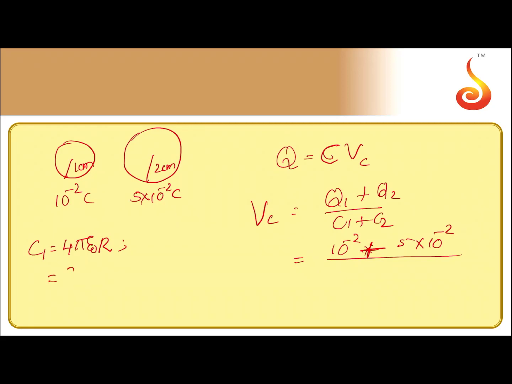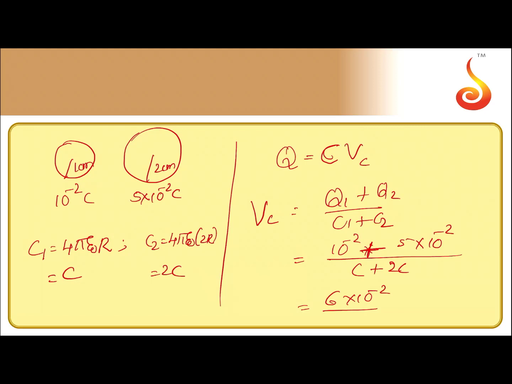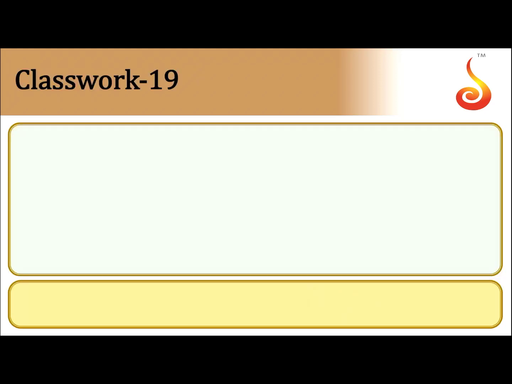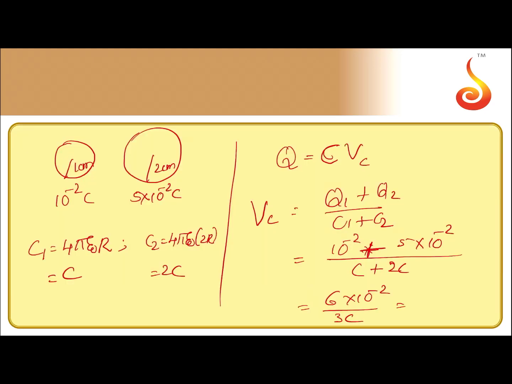And I can write it as C. C2 is equal to 4 pi epsilon naught into 2R, that is 2C. So this becomes C plus 2C, that is 3C. So 6 into 10 to the power of minus 2 divided by 3C. Or what do we have? This is 2 into 10 to the power of minus 2 divided by C.